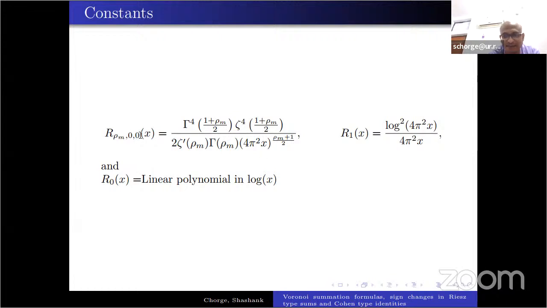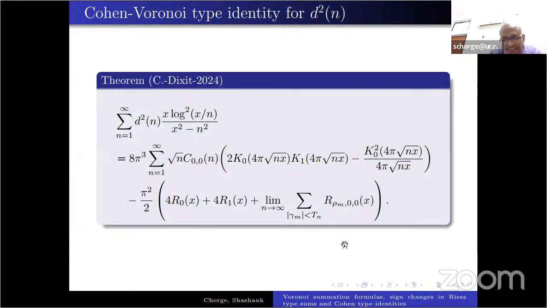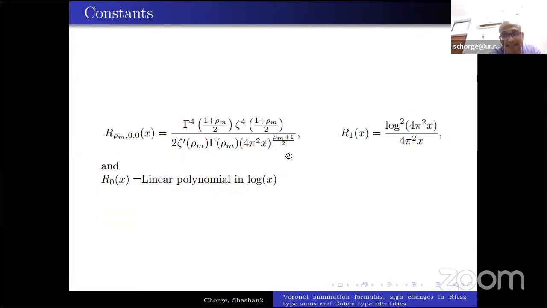Let me go back for a second. We can see that this is an infinite series of residues involving zeta zeros, and the series looks like this. The other residues are pretty simple. They do not cause any problem because they are finite in number. But this series is an infinite series of residues.